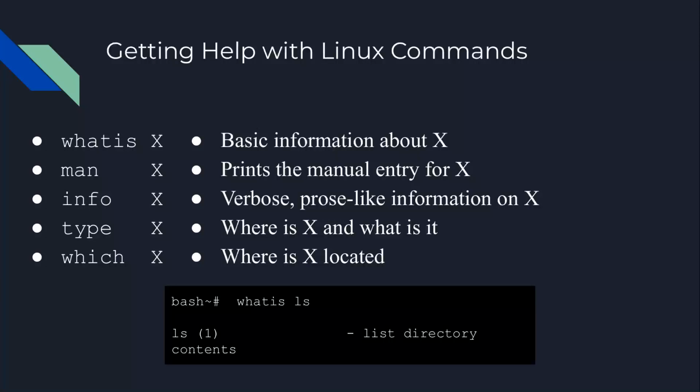Which is another way of finding out where a certain file or a command is. So if you were to type which ls, it would tell you the full directory path to where that command is located. That can actually be pretty useful if you've got a whole bunch of programs installed and you want to figure out where a program that you recently installed was actually installed to.